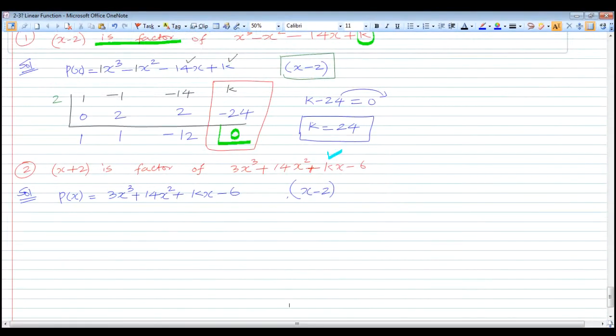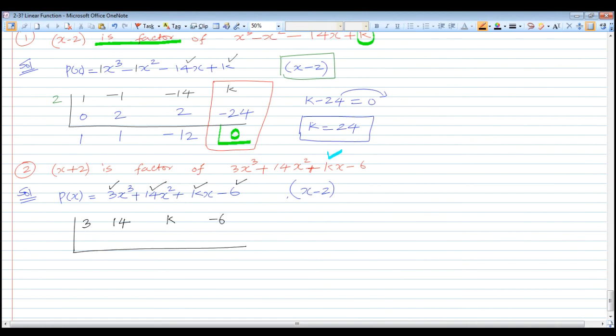Now go with synthetic division. If there is any missing term, x cubed, x squared, x, everything is present, right? So here you will have 3, here 14, here k, and here minus 6. In the last problem k was at the end, but here it is the coefficient of x.